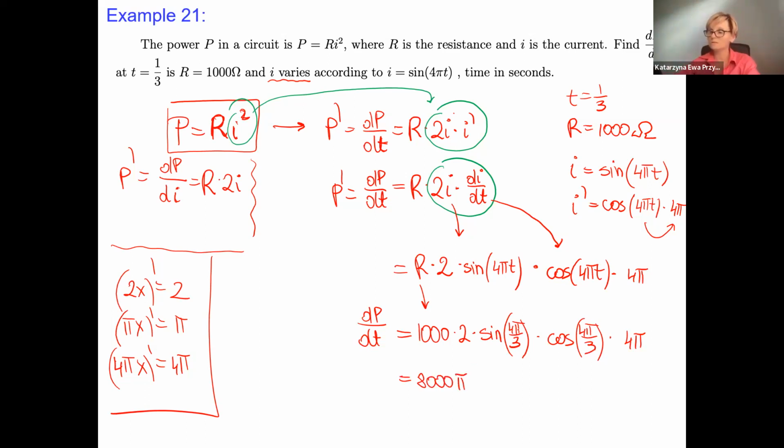And we need this: what is sine of 4 pi over 3, and what is cosine of 4 pi over 3? Really quick, and we will finish the session.